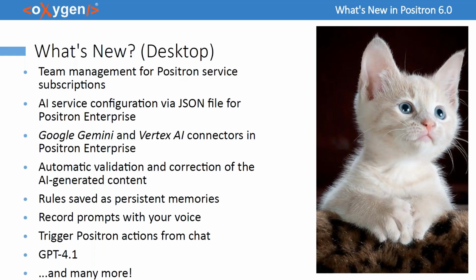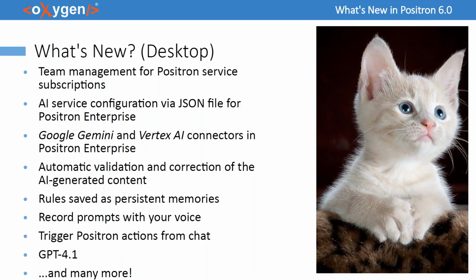Okay, so let's talk desktop. In regards to the Positron service, the one where you connect to OpenAI via our servers, we added the possibility to create a team and manage the subscriptions of the team members.